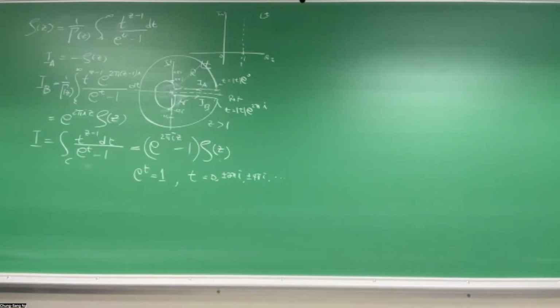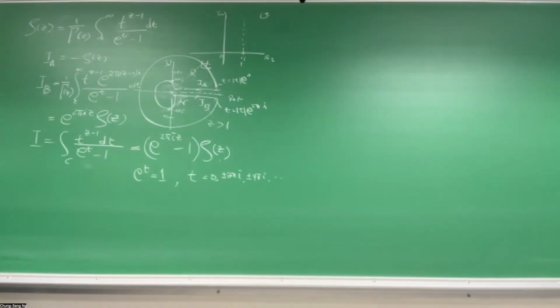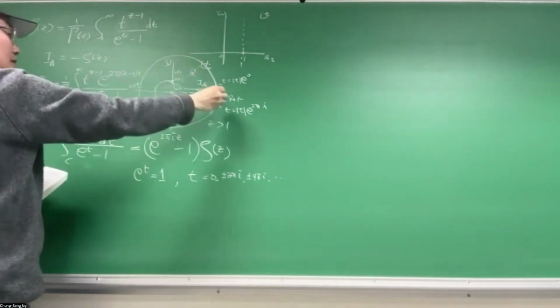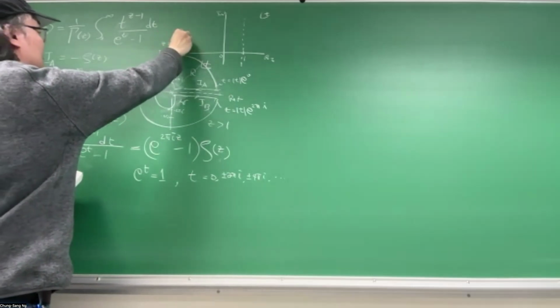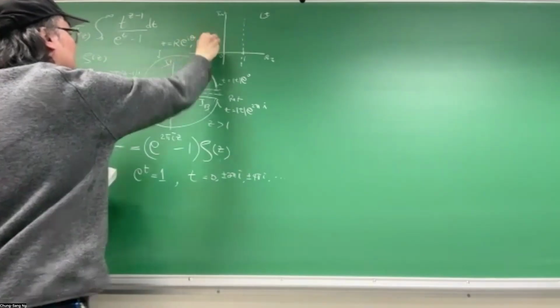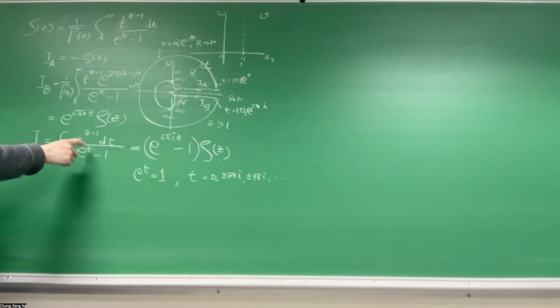First, we want to argue that this big circle doesn't contribute to the integral, right? And so along this, z in that case is z equals this large R e to the I theta, right? And let R go to infinity. Then we can consider two situations. One is this exponential function is large, right?